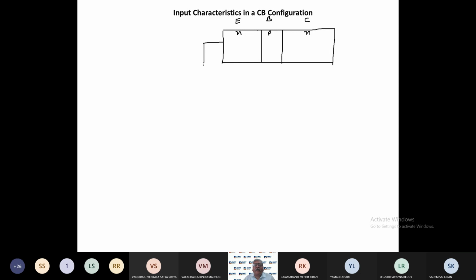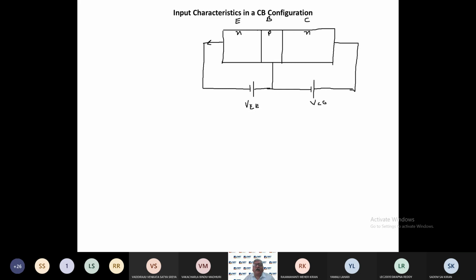Emitter base forward biased, this battery VEE. And collector base reverse bias, this is VCC.